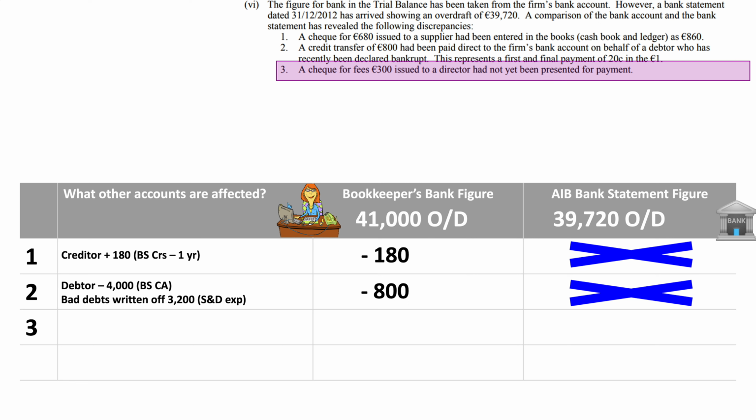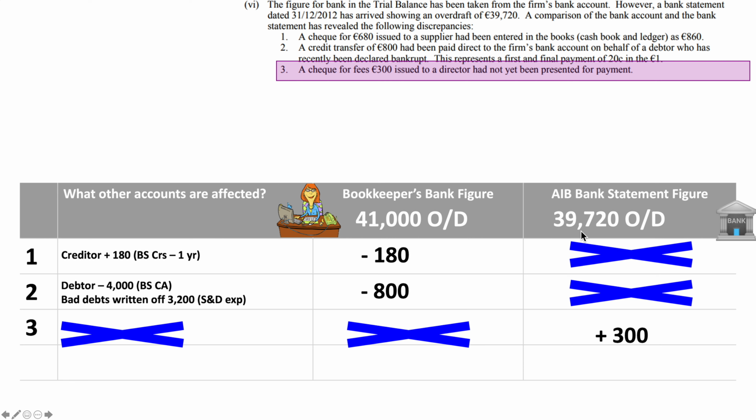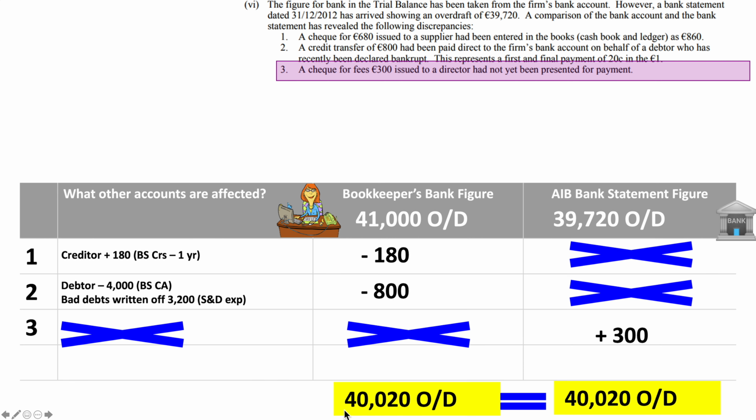It doesn't say that she hasn't entered it, so nothing needs to be done in the bookkeeper's books. But when the director goes into AIB and presents that cheque for €300, that is going to increase the overdraft figure. So in total, the bank figure is going to be €40,020 overdraft in both of them.